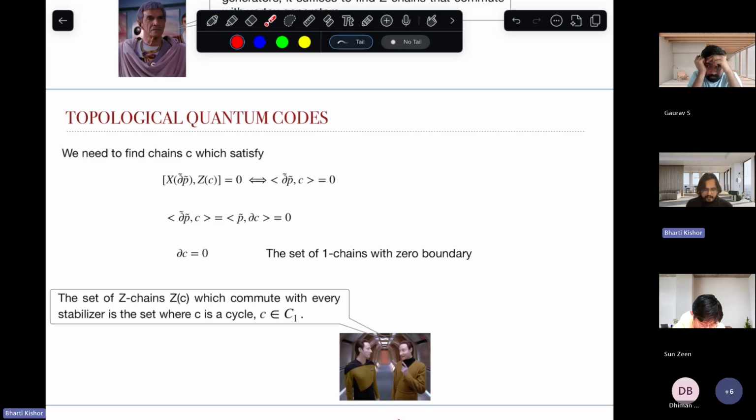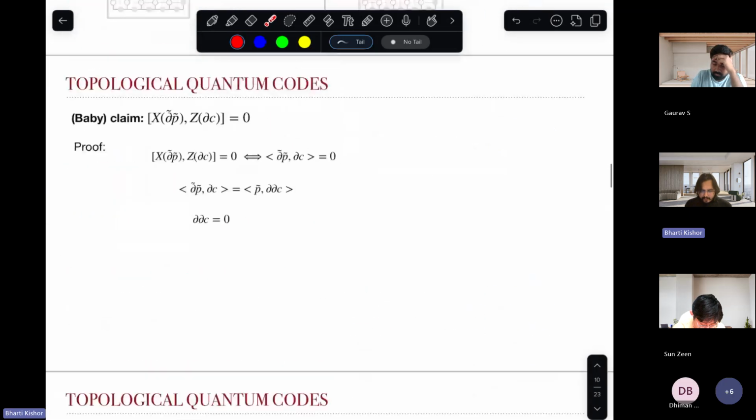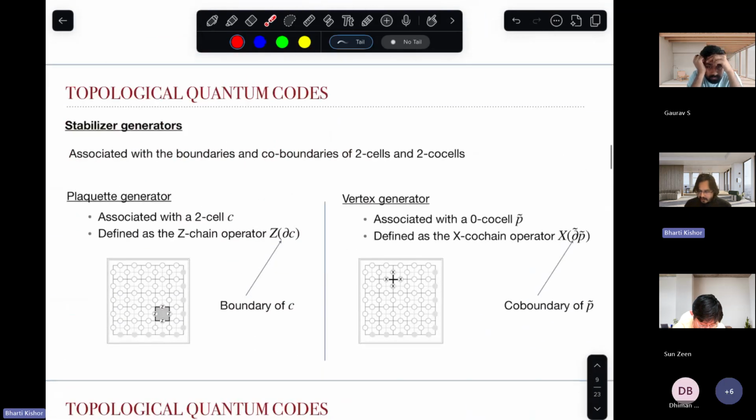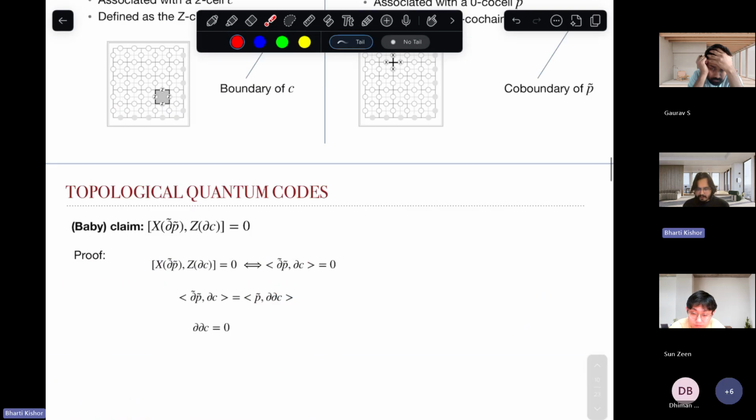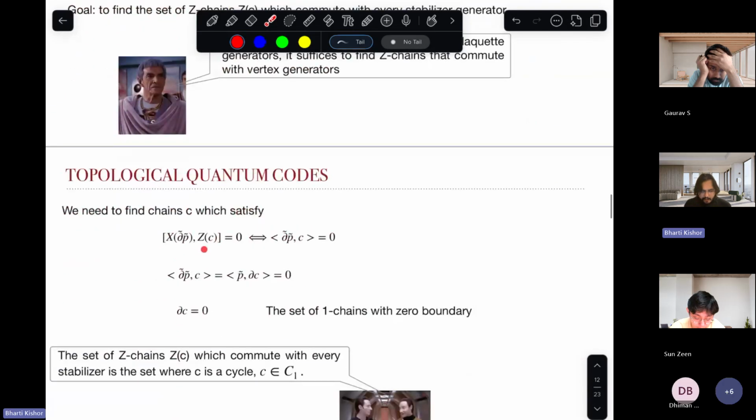So what were the vertex generators? A vertex generator is basically the co-boundary of p tilde, and corresponding to that you write this X cochain operator, and we want our Z chain operator to commute with it.